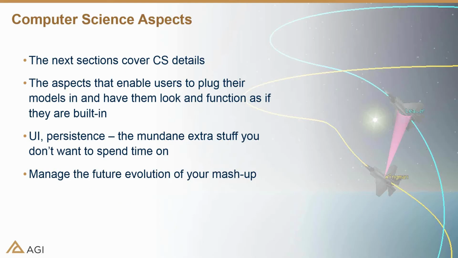I'm guessing that based on the title, most of you are interested in the computer science behind all this. Up to now, I haven't tried to spend much time on the computer science. I've tried to focus on what you can do and the higher level ideas. But let's start talking about the actual computer science here. We've got a variety of functionality that is available to you when you buy Aviator.